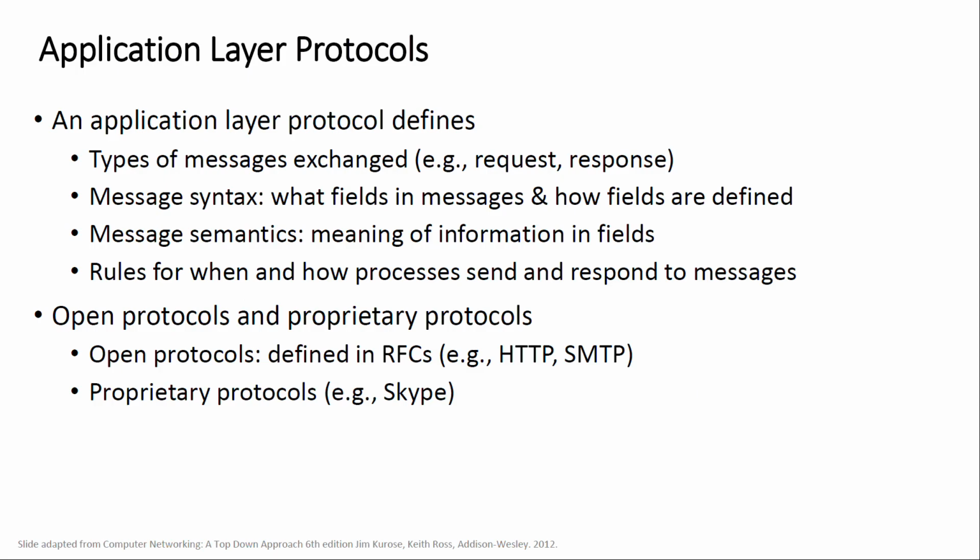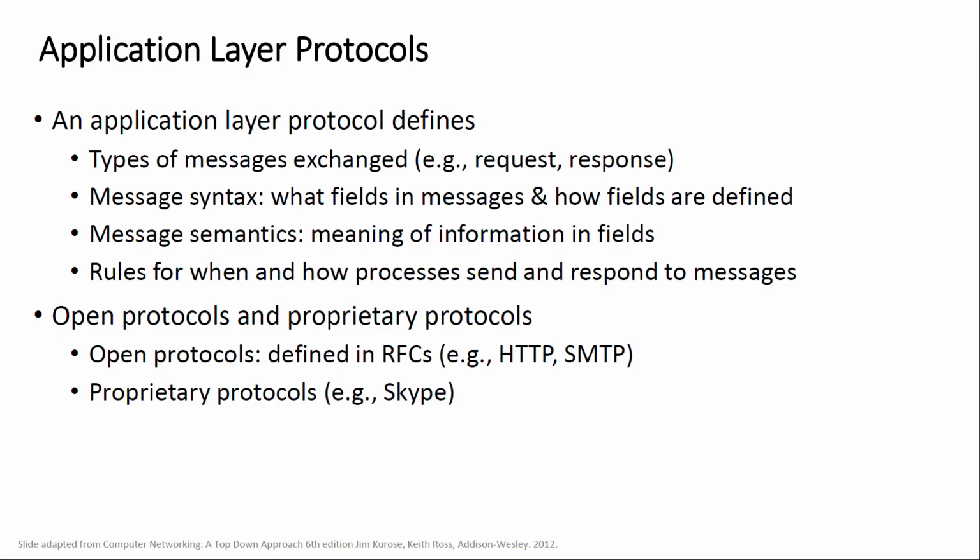So let's look at the application layer protocols. An application layer protocol defines types of messages exchanged, like request and response. It defines message syntax, what fields are in messages and how fields are defined. It defines message semantics, the meaning of information in fields, and rules for when and how processes send and respond to messages.